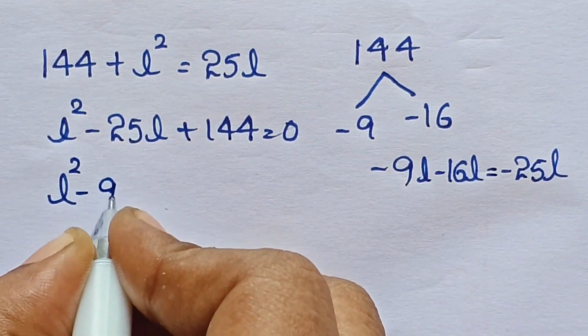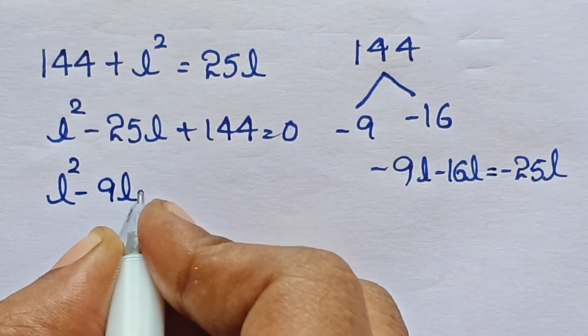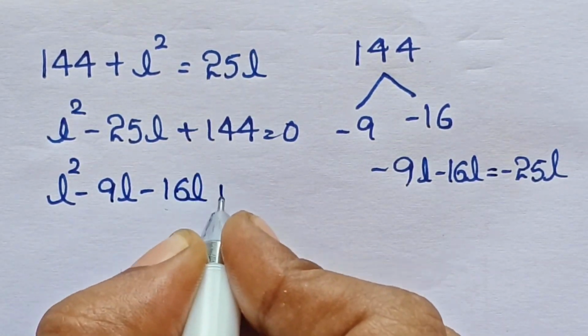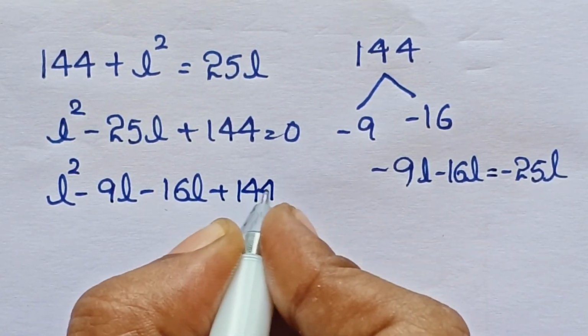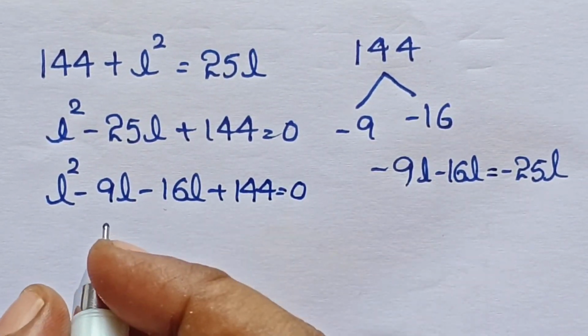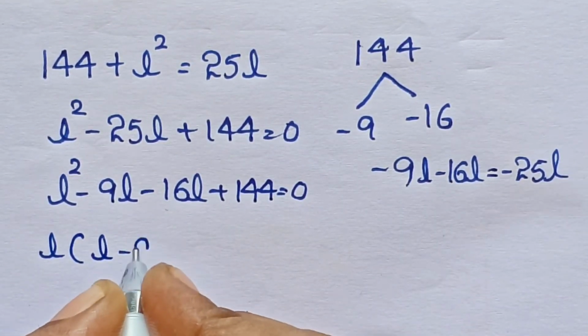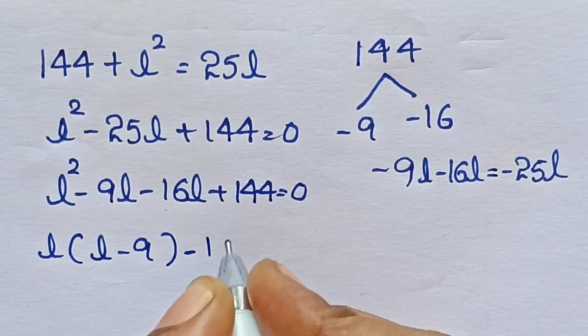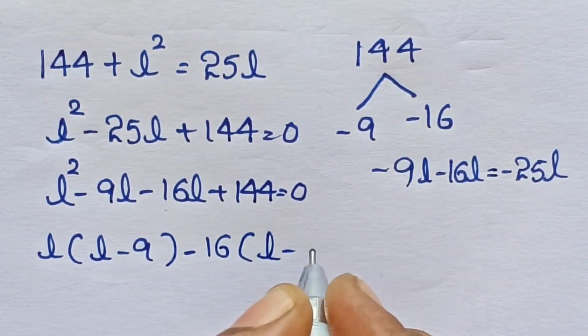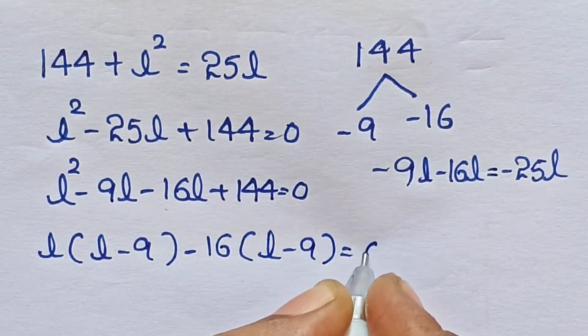L square minus 9L minus 16L plus 144 is equal to 0. L into (L minus 9) minus 16 into (L minus 9) is equal to 0.